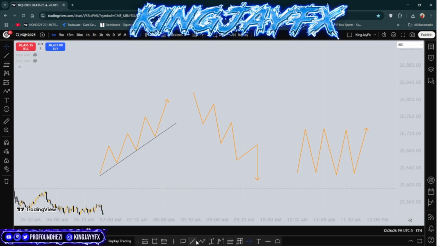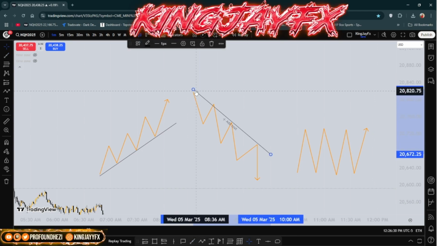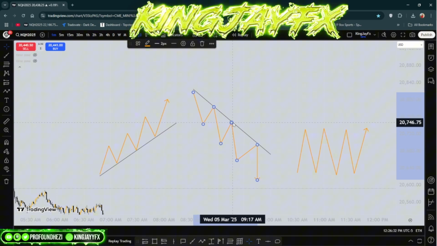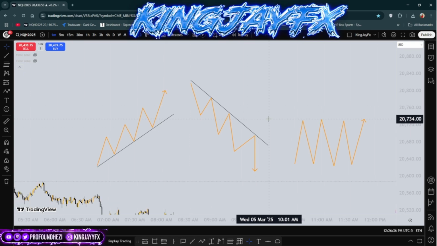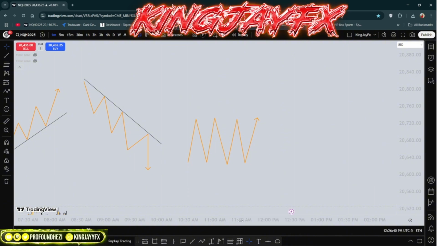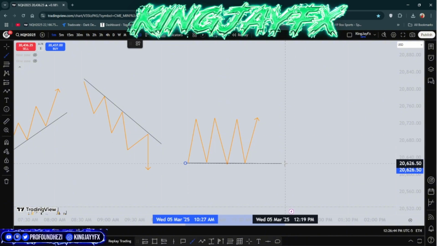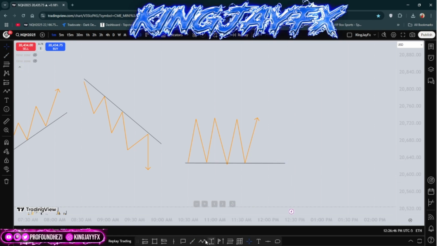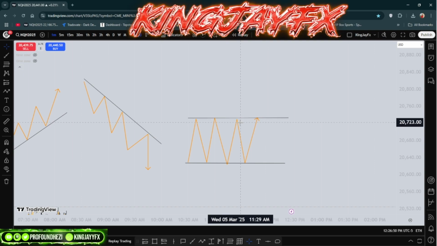But once we identify an uptrend that consists of higher highs and higher lows, we also want to be able to identify a downtrend, which consists of lower highs and lower lows. Once we understand how to identify an uptrend and a downtrend, we want to be able to identify consolidation, because in my strategy we try to avoid consolidation. You can make money, and I have made money during consolidation, but I've definitely lost more money.